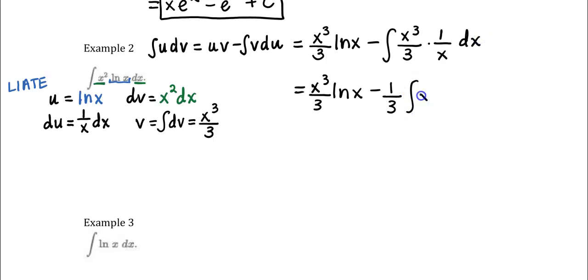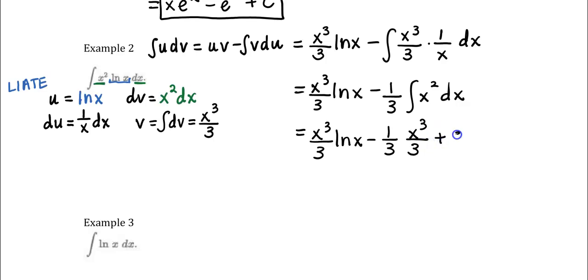I'll do a little bit of algebra here to simplify that second integral. Now that's something that can easily be integrated simply using the power rule. We are left with x to the third over 3. And then finally, I will simplify this answer, leaving us with our final answer here.